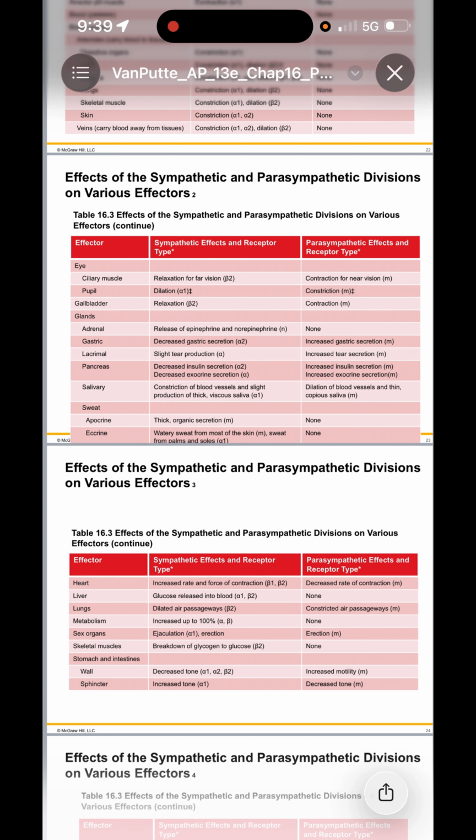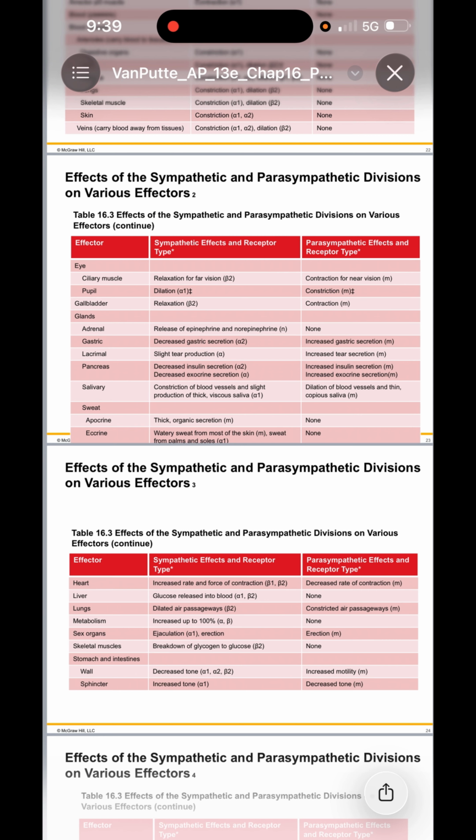Effector, gallbladder: sympathetic, relaxation, beta 2; parasympathetic, contraction, M. Effector, glands.